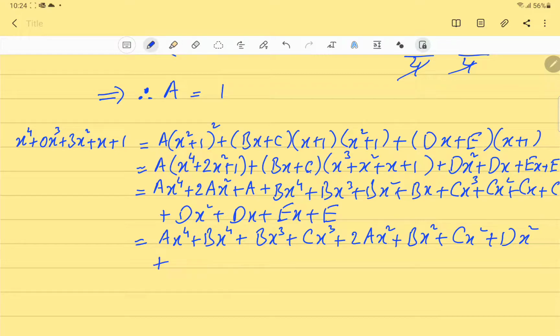And now we will write the terms with only x's. So there we have, first one is bx. After bx we have cx, then we have dx, and then we have ex. And in the end we will write all those terms which are having no x. So that is a, this one, a plus c, this one, and then this e.